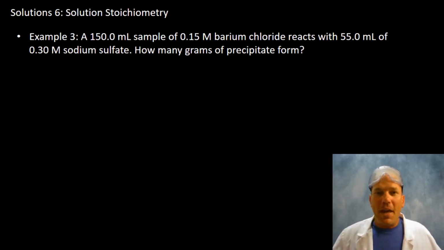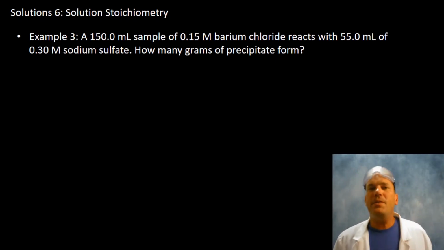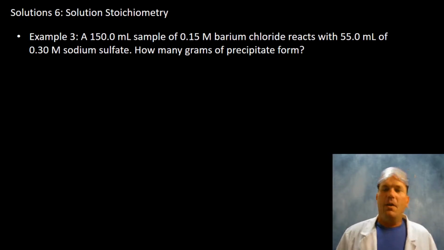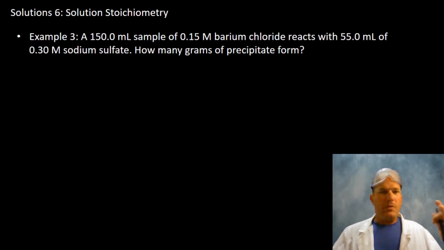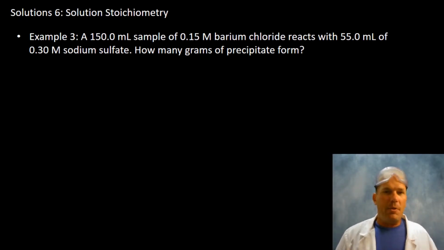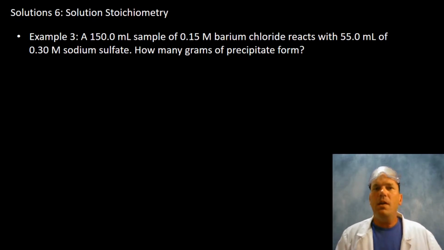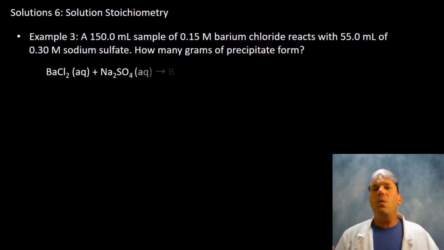On top of all that, it's given to us in concentrations of solutions, and we're being asked about a precipitate forming. Okay, first things first, stoichiometry, a balanced chemical equation, always.